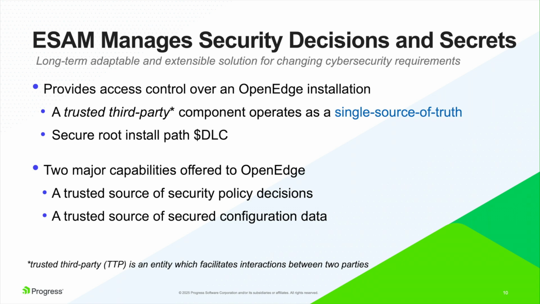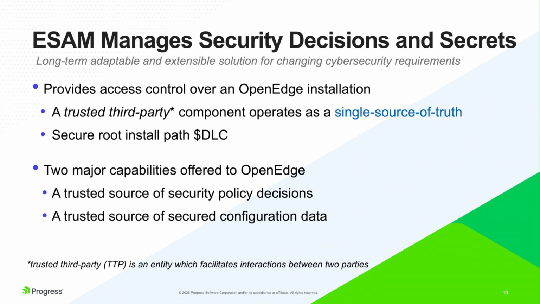The ESAM itself is what's called a trusted third party and operates as a single source of truth. That means that it is not part of the OpenEdge product set. This helps protect the system by running within the secure root install path $DLC, and that is set during installation.